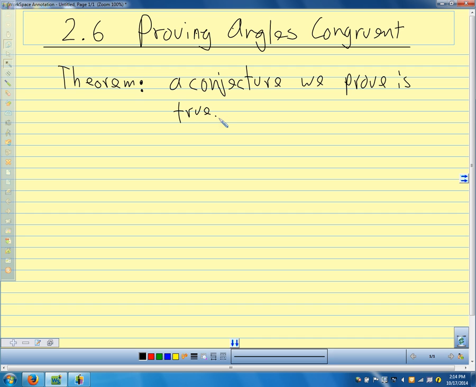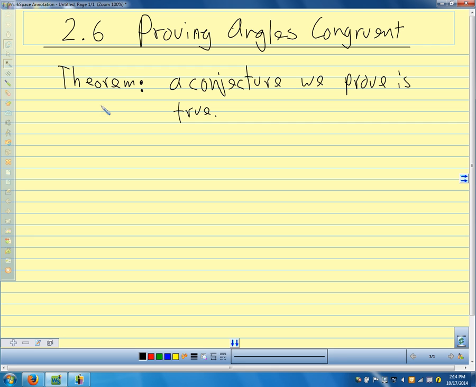We prove conjectures true using logic, using deductive reasoning. We start from what we know is true and figure out what else has to be true. Once we prove a theorem, then we can use that as a reason in another proof.